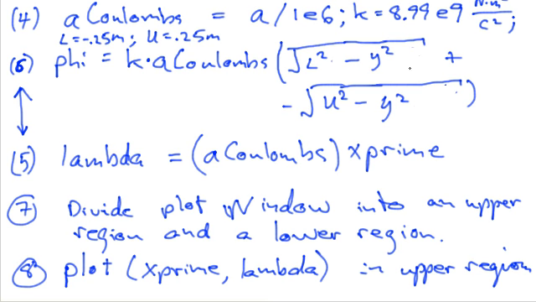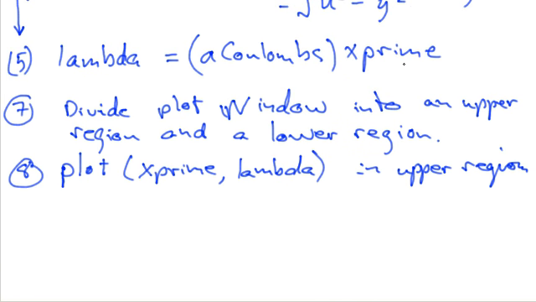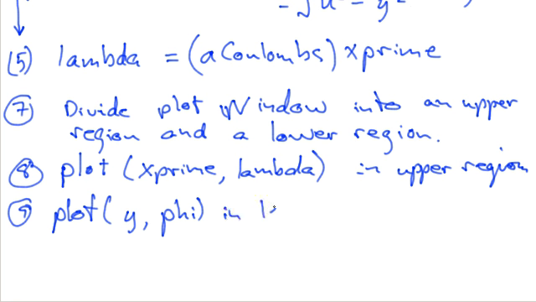And finally, plot y comma phi in lower region.